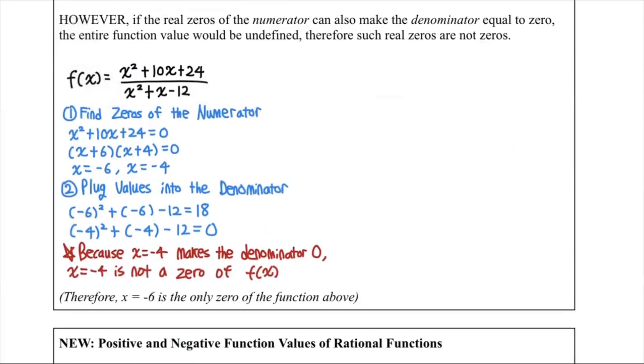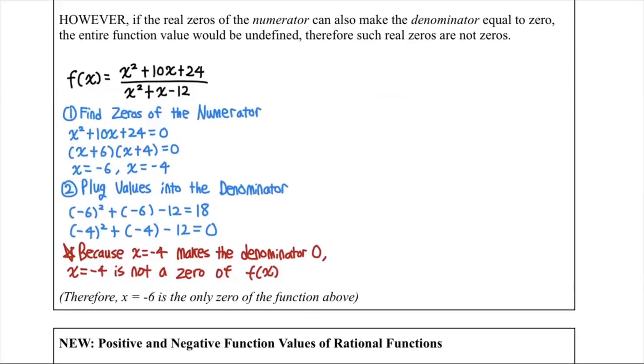So let's look at this example. We have f of x equal to x squared plus 10x plus 24 over x squared plus x minus 12. We first find the real zeros of the numerator by factorizing it. If we factorize it, we get x plus 6 times x plus 4, and we find that the zeros of the numerator are x equals -6 and x equals -4.